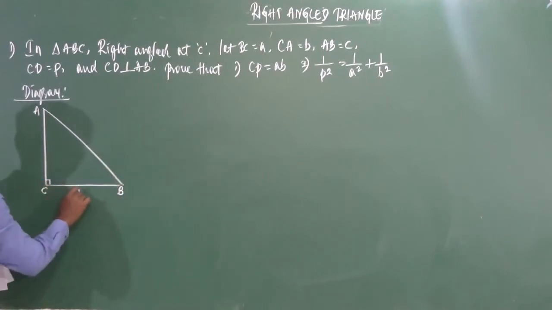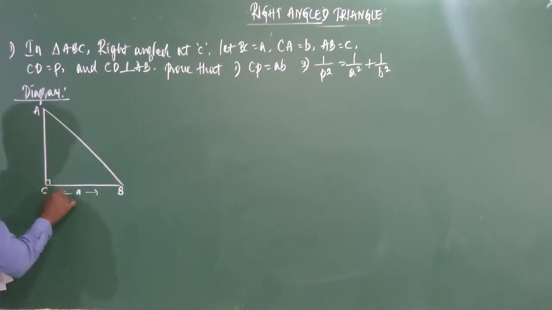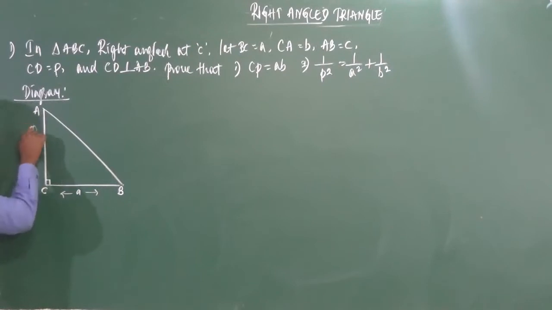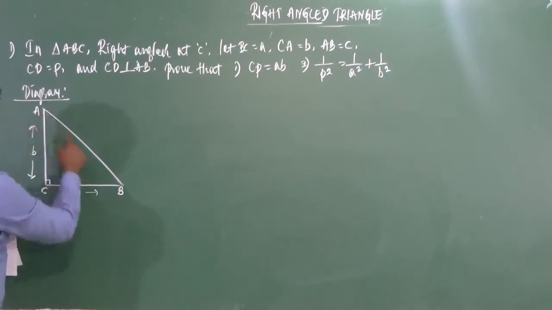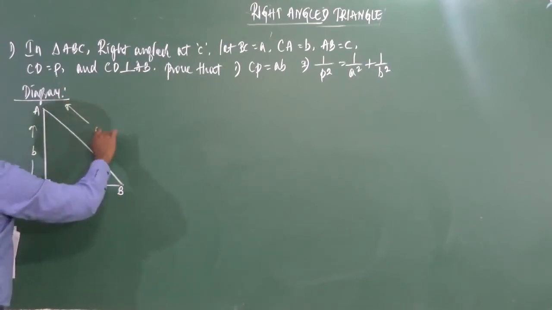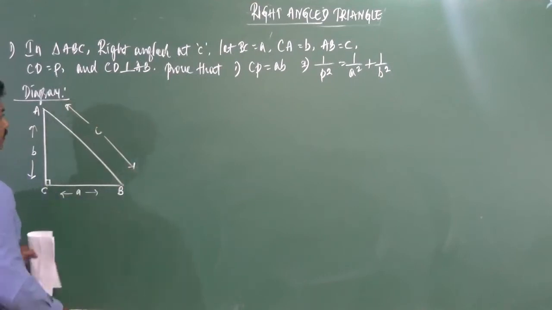BC is represented by small letter a. In future, instead of BC, we will be using a. CA is equal to b, that is CA is equal to small letter b. So instead of AC, we will be using b. And AB is equal to c, this entire AB will be equal to c here. So instead of AB, for calculations, we will be using c.